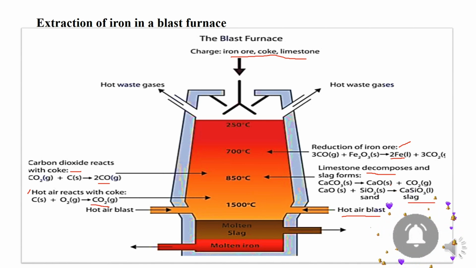The reactions that produce carbon dioxide are very important, as well as the reaction that produces the reducing agent, the reaction that increases the temperature in the blast furnace, and how the breakdown of calcium carbonate is done. These are some of the key things that you have to take note of whenever you're dealing with this particular concept, which talks about the extraction of iron.